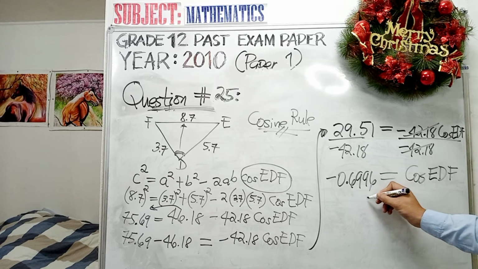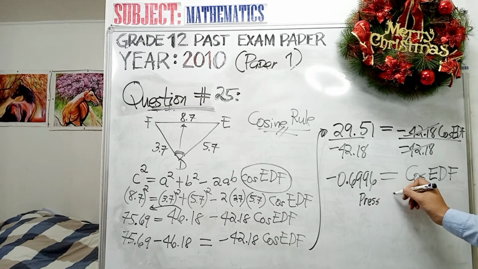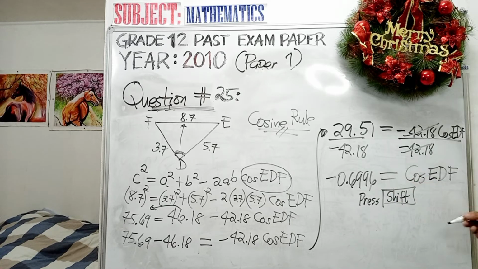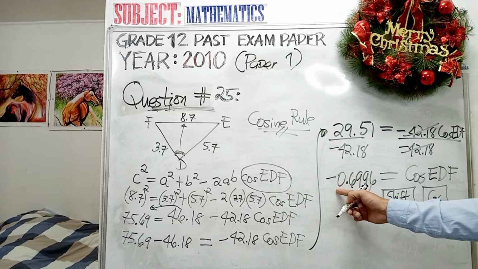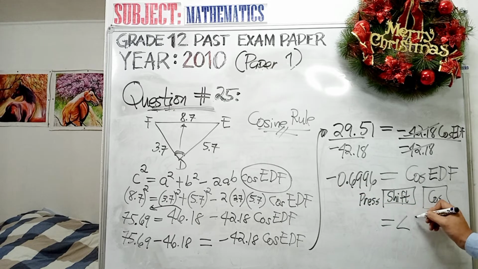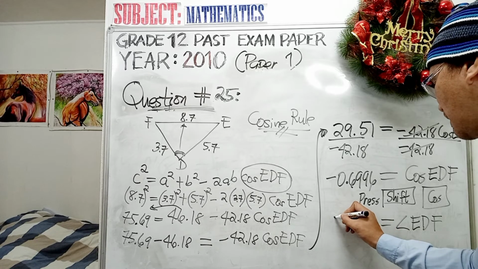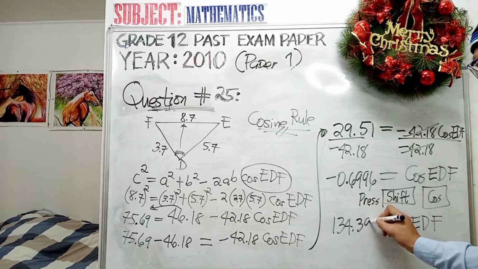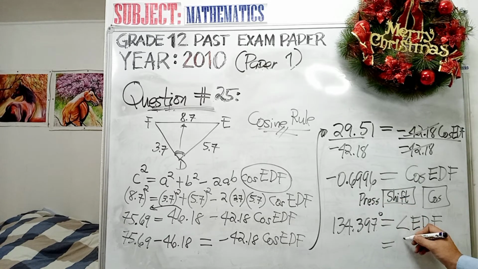You have to press shift, and then cosine, okay, that's the one. So press cosine shift negative 0.6996, which gives you angle EDF is equal to 134.397 degrees.